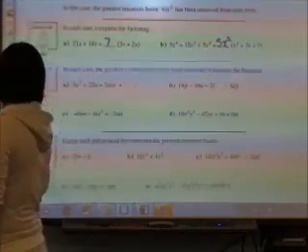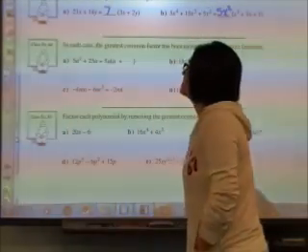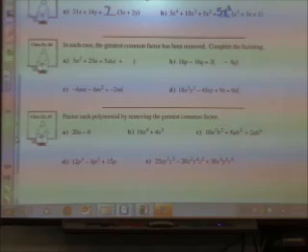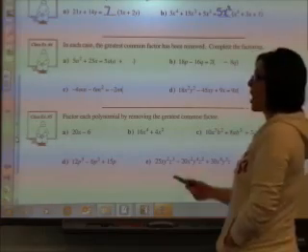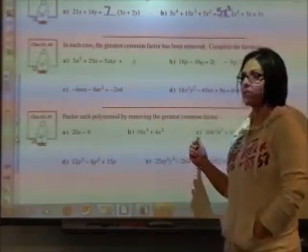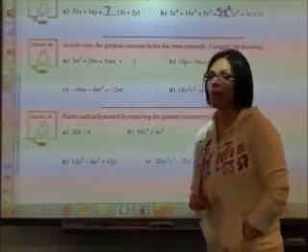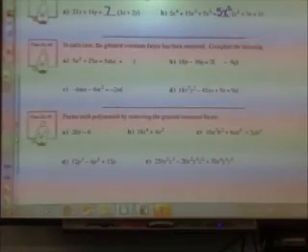So in class example number 4, we're given what the common factor is. The common factor has been removed. We just need to finish the process. So in 5a squared plus 25a, the common factor was 5a.